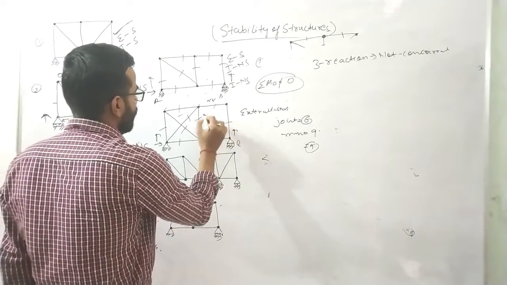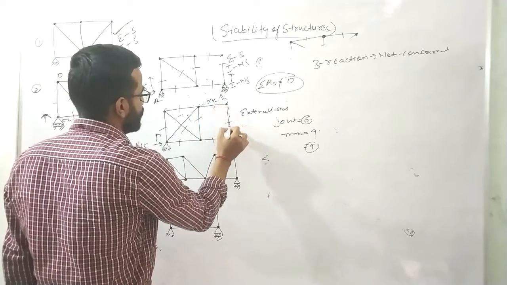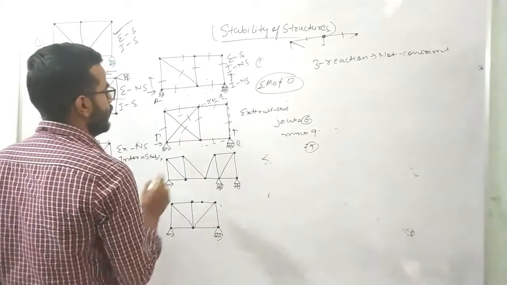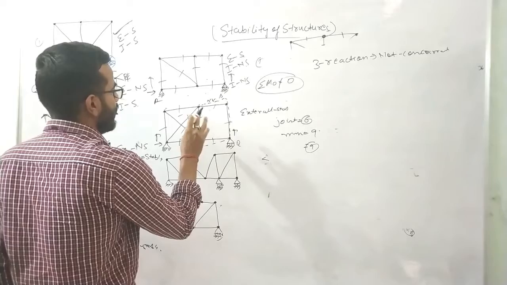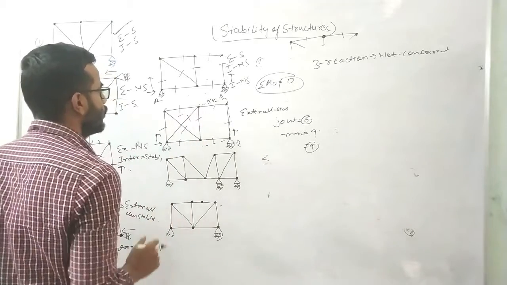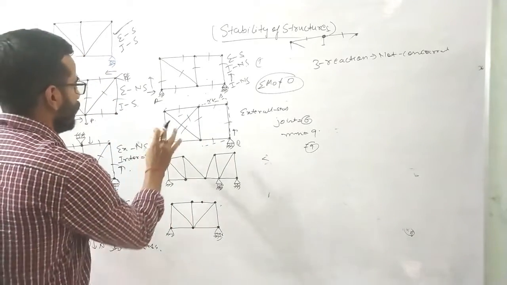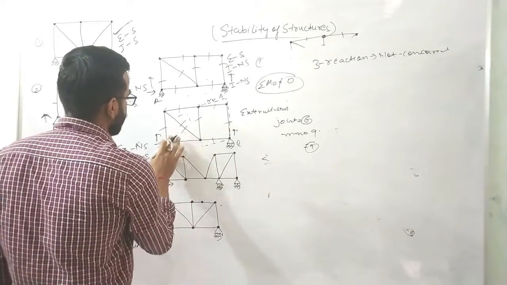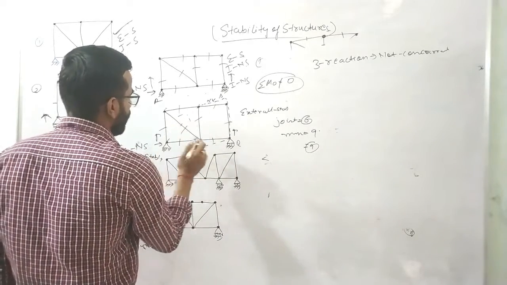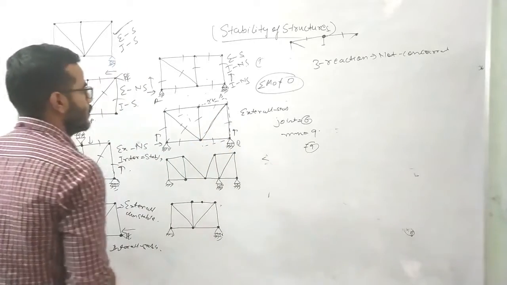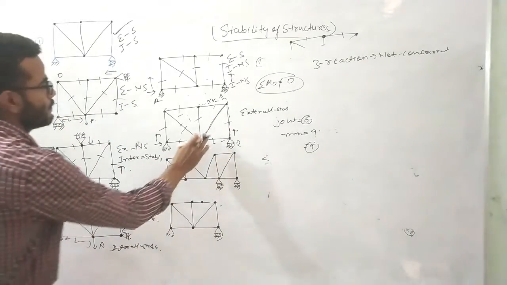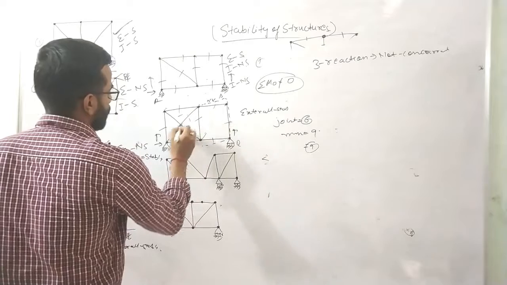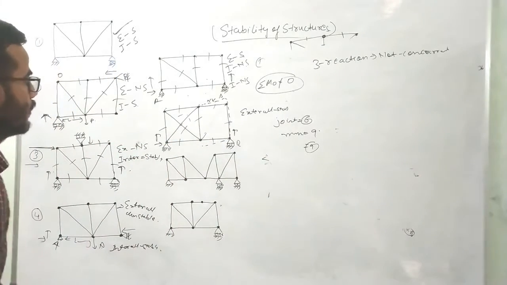So this truss will also bend like this, and change its position like this. This is basically internal instability due to improper alignment of the members. We don't need to provide this member over here. We need to provide this member at this position to make it stable. So this thing is clear.